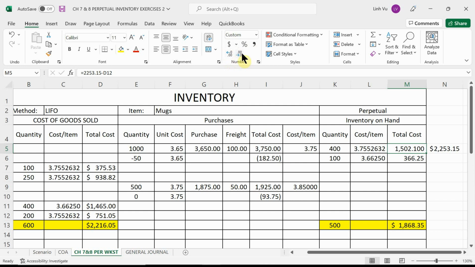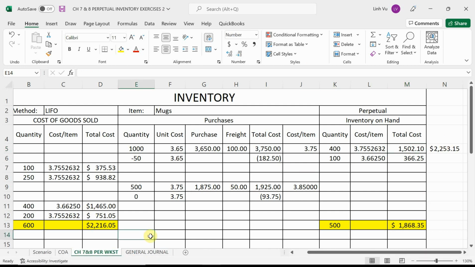We have 100 of those units left from that last batch, because those were extra large cups, and then we have a total of 500 units available to sell at 1868.35. So that's how much we have left in inventory.